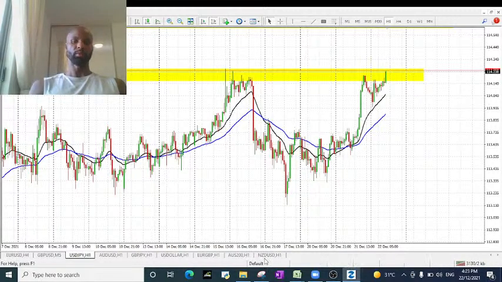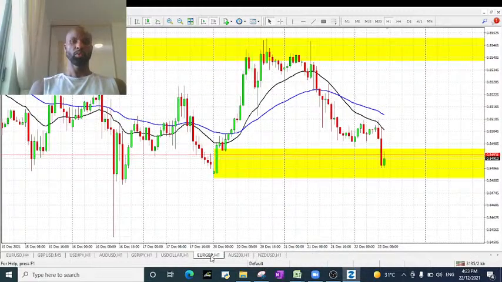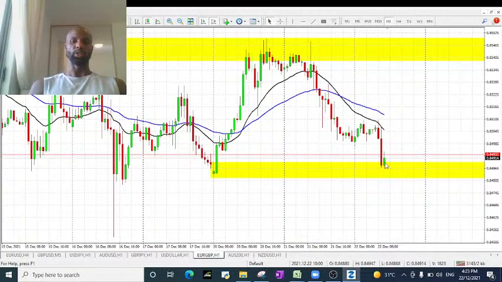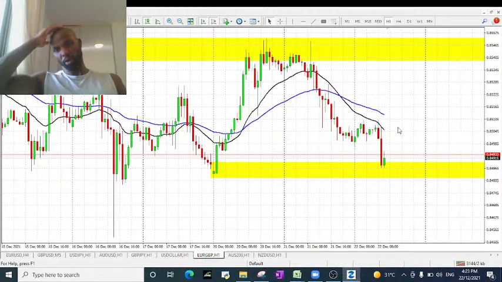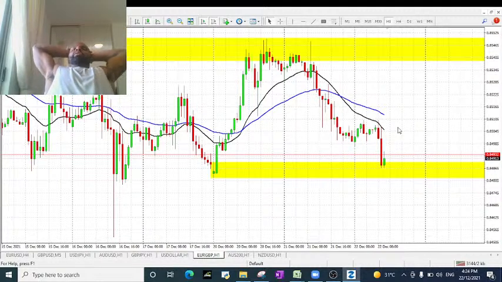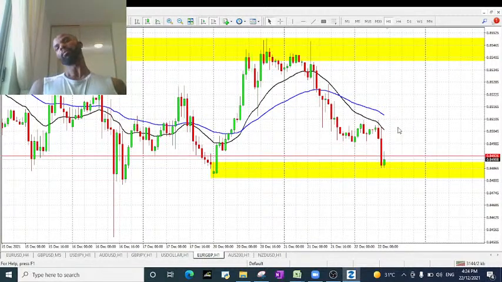Let's see what happens. Yeah, when you get this signal at a support or resistance zone, it could work, but the trade is a pain, man. You go into profit and it goes into drawdown, profit, drawdown, profit, drawdown.